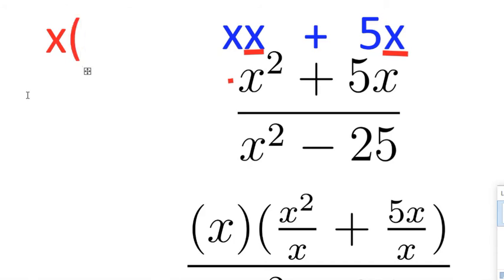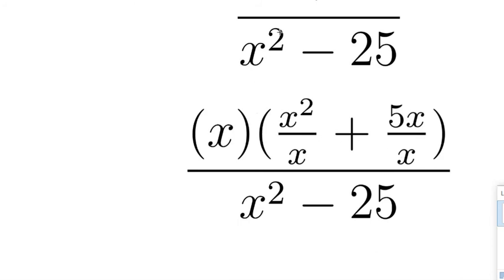And then what will be left would be, finally, x plus 5. That's pretty much what I've done. I've taken out the fact that they have an x in common. But the correct algebraic way to illustrate that would be x with x squared over x plus 5x. And the x is being divided here so that I can put it back in without lying to anyone.